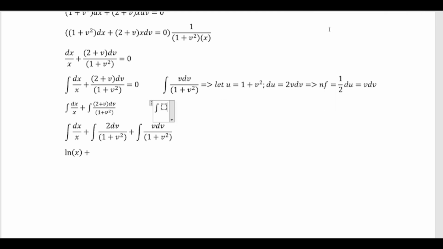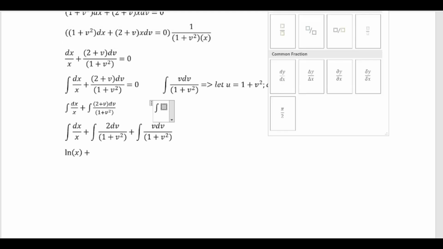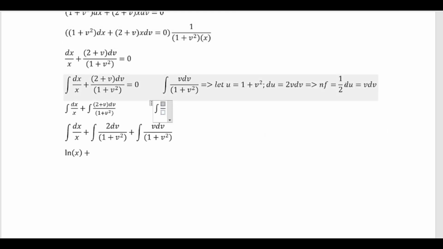Equation, the integral of b dv, that would be du, since over here on the outside we will be moving out the constant already. Okay, du over u.